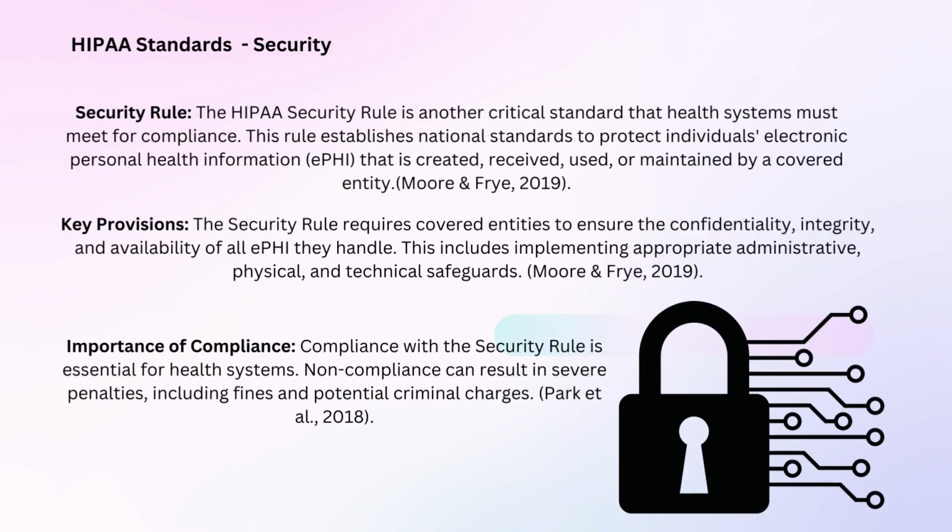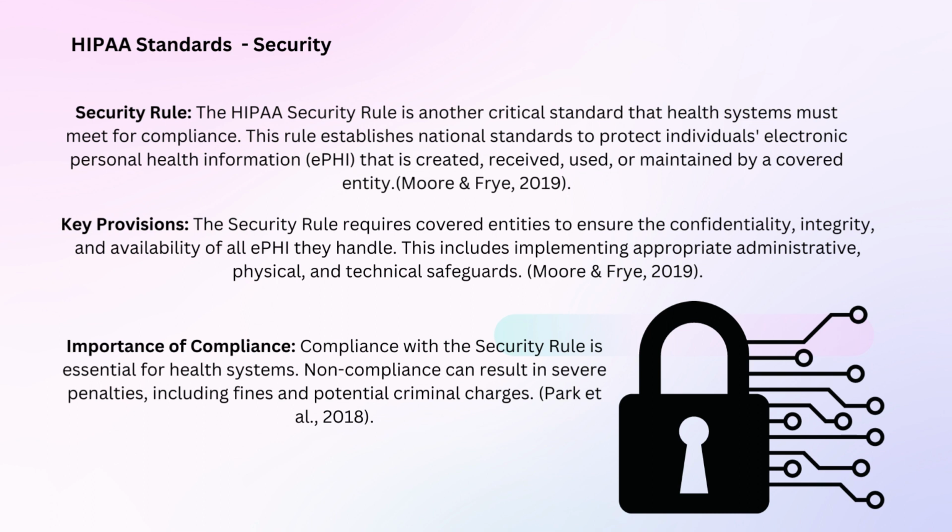HIPAA standards, security, another crucial standard that health systems, again, must meet for compliance. This rule establishes national standards to protect individuals' information, PHI, personal health information that is created, received, used, or maintained by a covered entity.